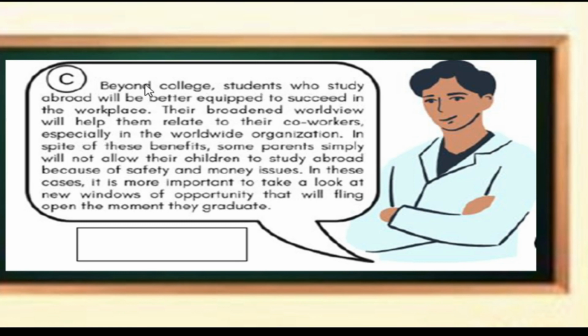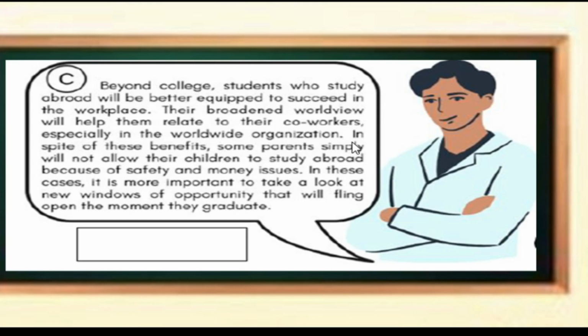You see, in the first sentence, this is the claim of the writer. He claims that students who study abroad will be better equipped when they go to a workplace. Now, this is his support statement, or the pros. Their broadened worldview will help them relate to their co-workers, especially in a worldwide organization.